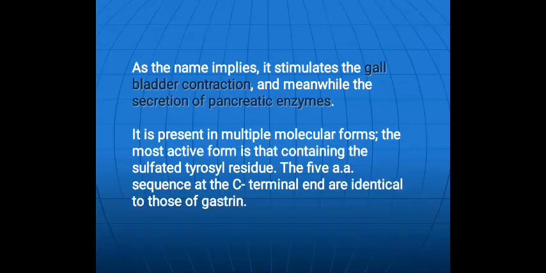It is present in multiple molecular forms. The most active form is that containing the sulfated tyrosyl residue. The 5 amino acid sequence at the C-terminal end are identical to those of gastrin.